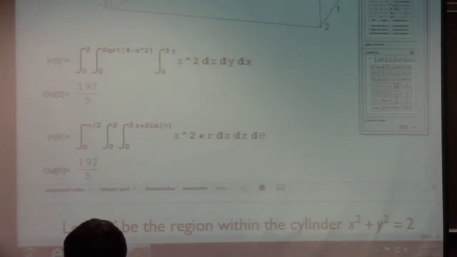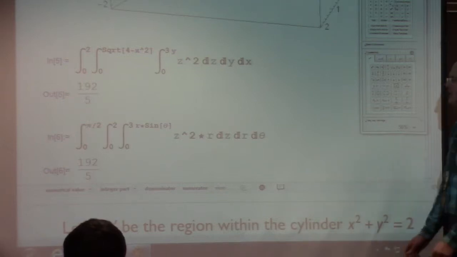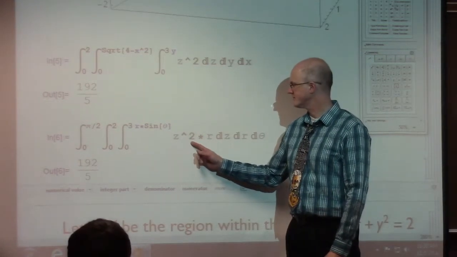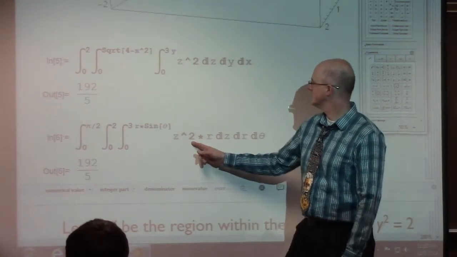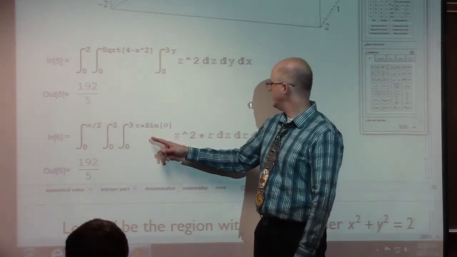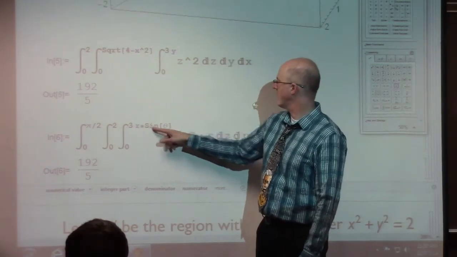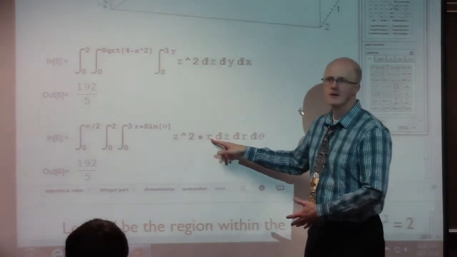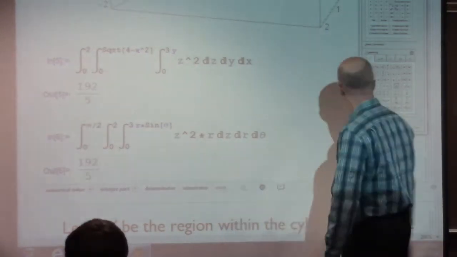Would this one be easier to do by hand? Think a little bit, at least if you know how to integrate sine cubed. First integrate with respect to z, you'll get a z cubed over 3. Plug in 0 and 3r sine theta, you'll get an r cubed, and ultimately an r to the 4th, and a sine cubed theta.